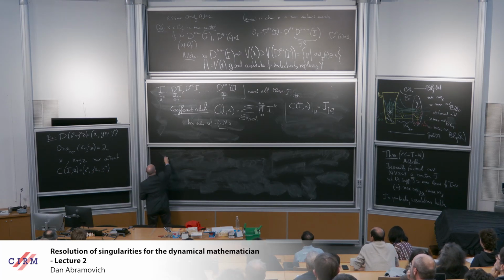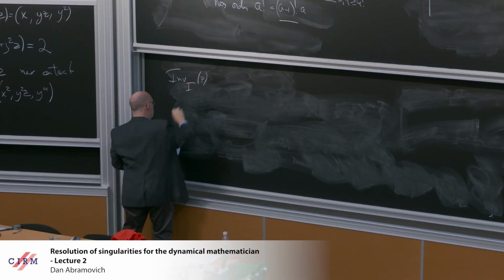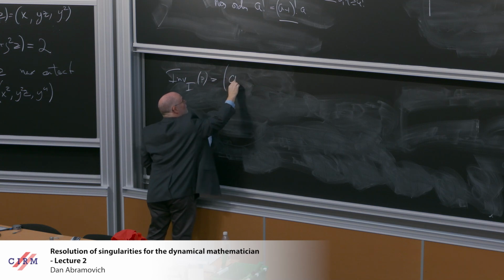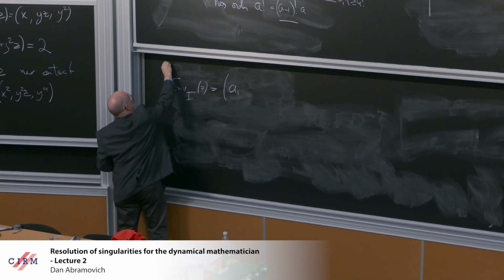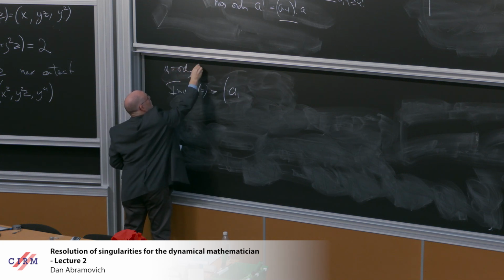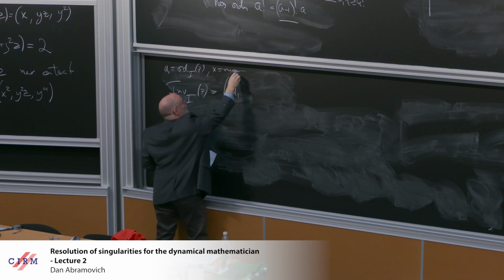I want to define the invariant of an ideal at a point P, and it will start with a1. a1 is the order. And I choose the maximal contact.